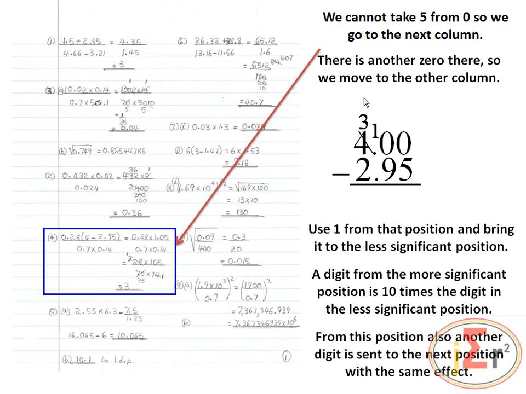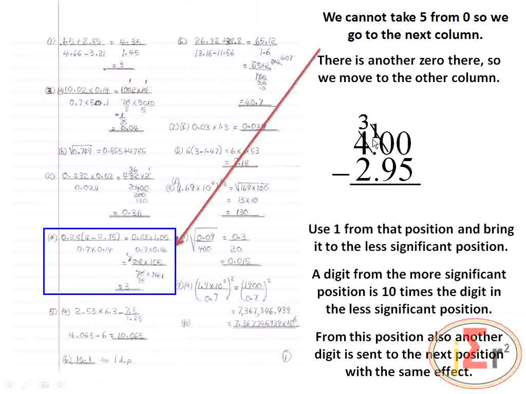From this position also, another digit is sent to the next position with the same effect, because what we intended to do initially is take 5 from 0, which we cannot. Therefore, we went all the way to this column only because we did not have anything supplied here.